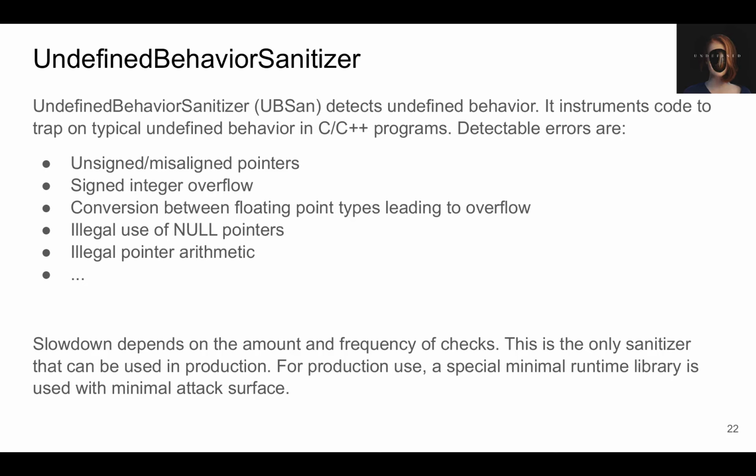Everything UBSAN actually flags should be fixed. One of the difficulties is that UBSAN flags a lot of current code. So if you don't have a modern project with modern style code, this would just flag way too many bugs for it to be fixed reasonably. The slowdown depends on the amount and frequency of the checks.